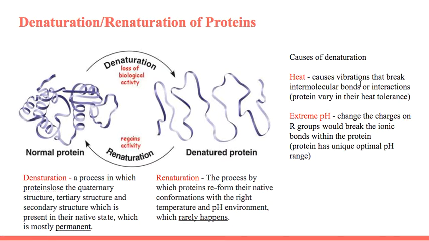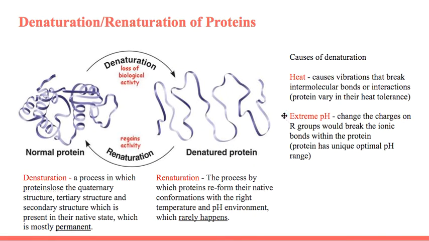So when it causes vibration, it breaks the bonds in its quaternary, tertiary, and secondary structure. But be aware that the peptide bonds within the sequence of the polypeptide will not be broken by this process. However, since it loses its shape, it will not be functional.